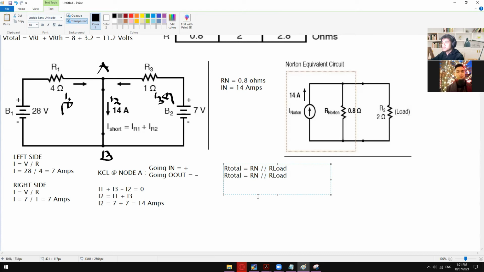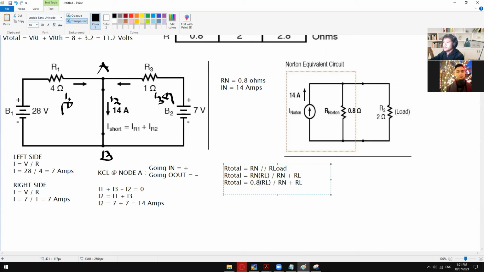So Rn times RL divided by Rn plus RL. Let's have a different equation since we cannot replace that, of course. So just apply the rule of parallel connection for solving the resistance.